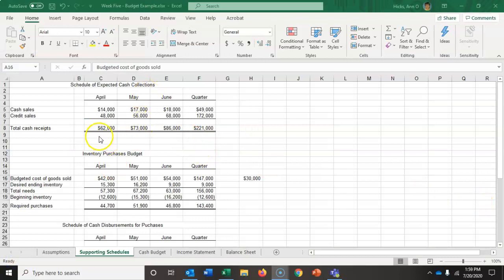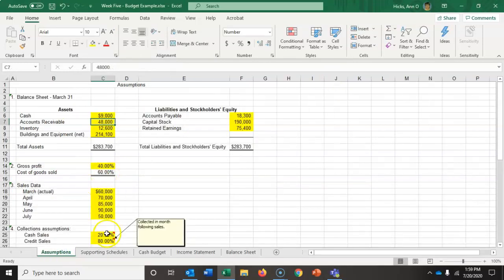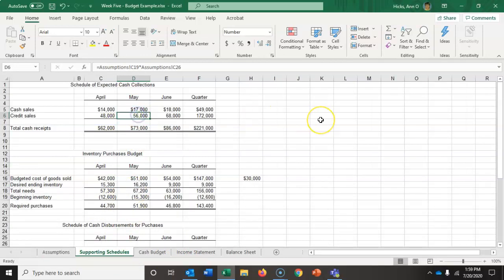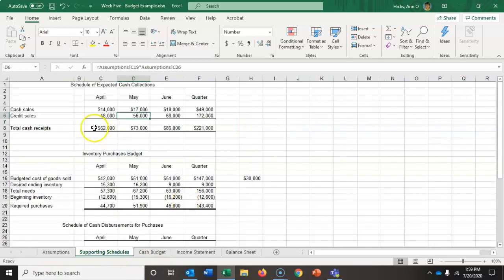So let's look at May. Cash sales are going to be calculated by taking 20% of May sales, and credit sales calculated at 80% of April sales, for a total of $73,000 in collections for the month of May.